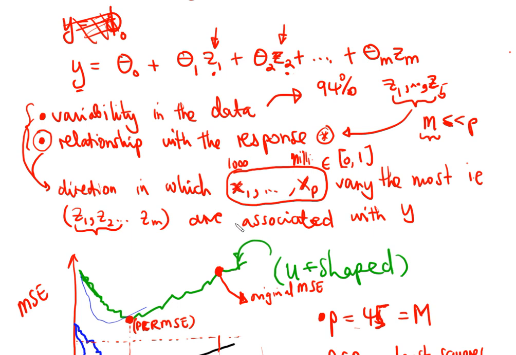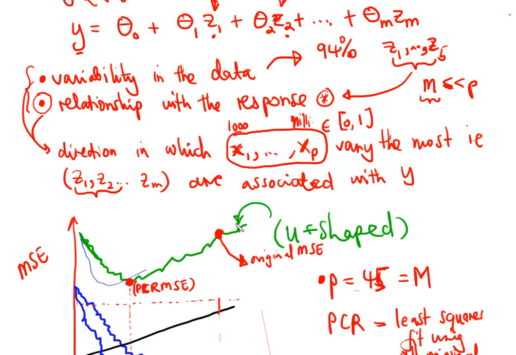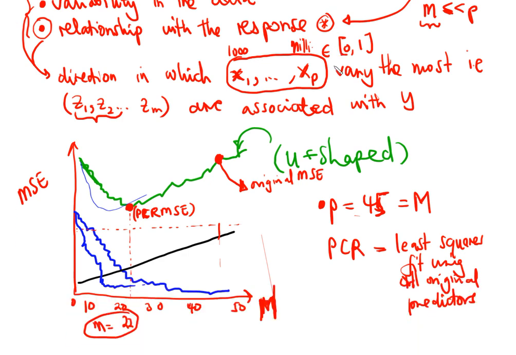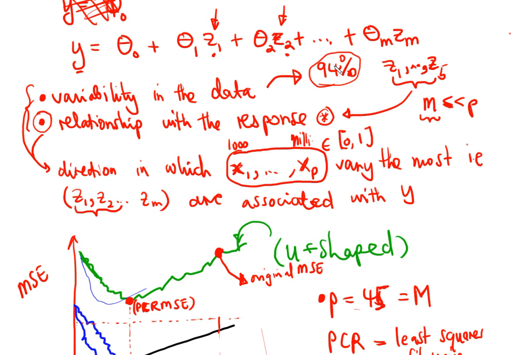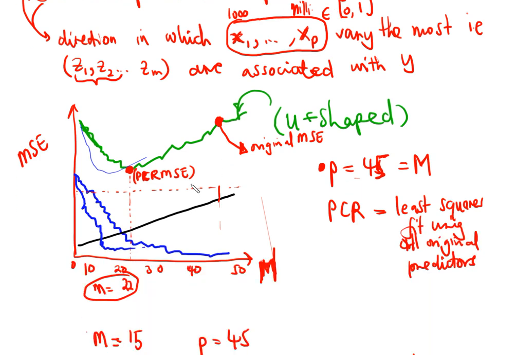Then you calculate your z1 to zm using the principal component analysis that we did, finding those directions with maximum variability, using a scree plot or whatever to get the ones that cover the variability that you want. After that, you have your set of z's, and you use least squares to fit the linear model, and then just check which m you want using cross validation, and you're done.